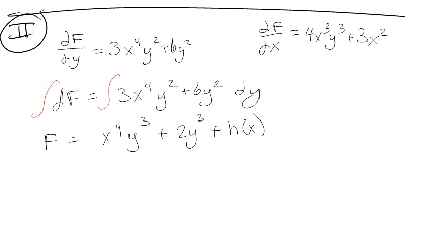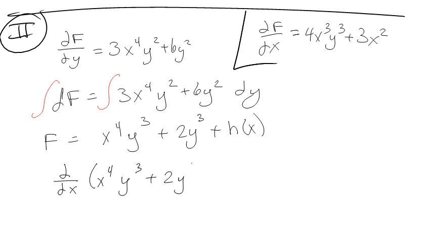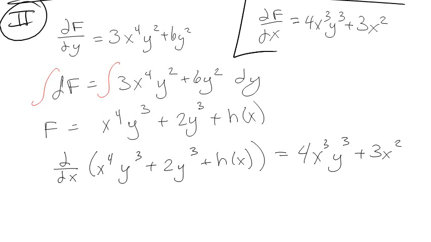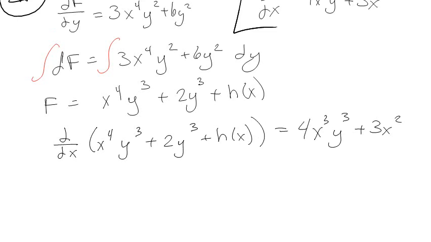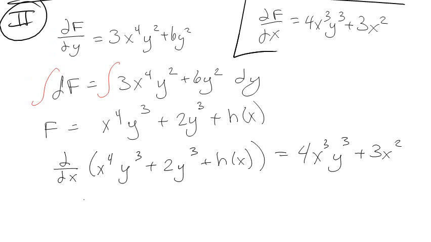Like that. So I know that if I take the partial with respect to x of the f that I just came up with, then I sure as anything better get 4x cubed y cubed plus 3x squared. Those two have to be equal, and that's going to help me find that missing function h of x. So I'm going to d/dx this.